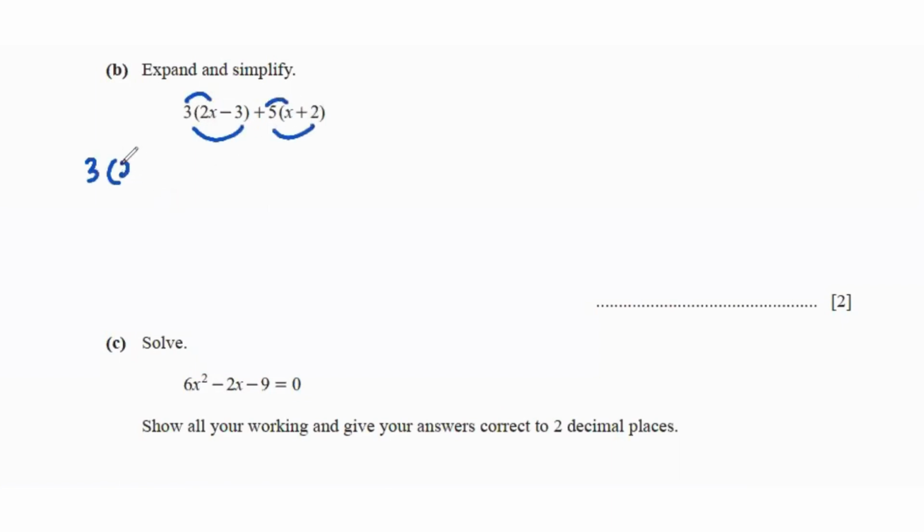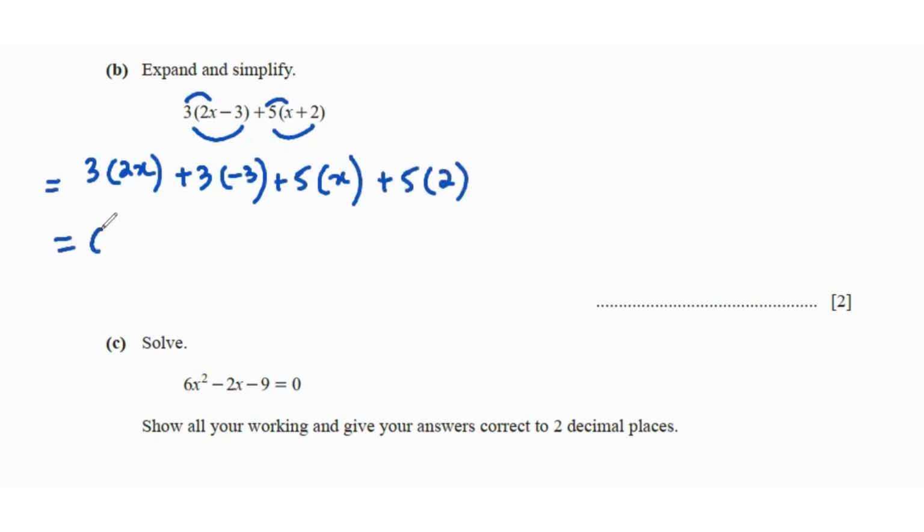That's 3 times 2x plus 3 times negative 3 plus 5 times x plus 5 times 2. That's going to be 6x minus 9 plus 5x plus 10. 6x plus 5x is 11x, minus 9 plus 10 is plus 1.